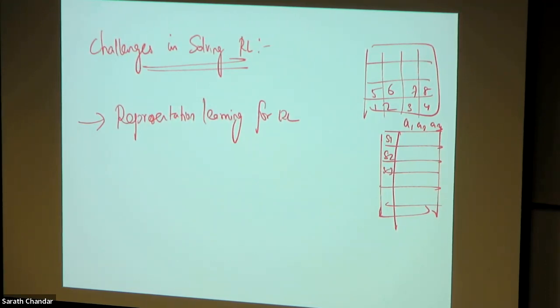Okay. Now, there are a lot of advantages with these kind of function approximation based methods. For example, with function approximation, first of all, you can scale, right? And you can also learn to generalize, which is not possible with tabular approaches.